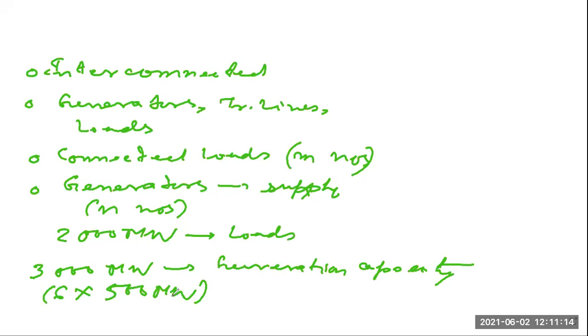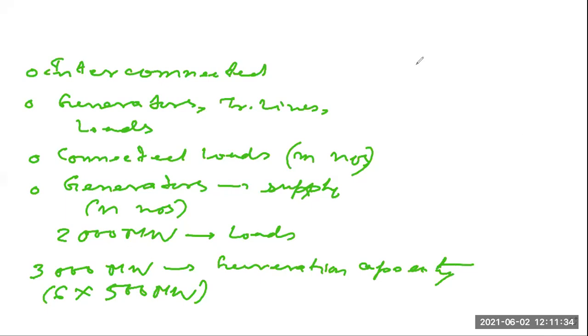We have, let us say, 6 generators connected. Each generator has a capacity of 500 megawatt. Now we have a 2000 megawatt load in the system, and this 2000 megawatt load has to be satisfied.